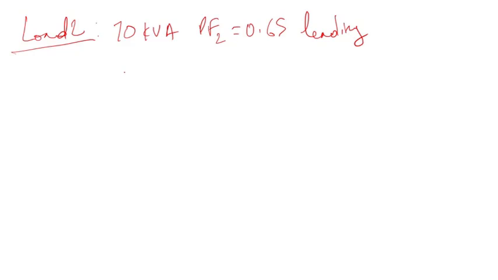So theta 2 is the inverse cosine of the power factor, which is 0.65. Since it's leading, there's a negative sign, which is negative 49.46 degrees.